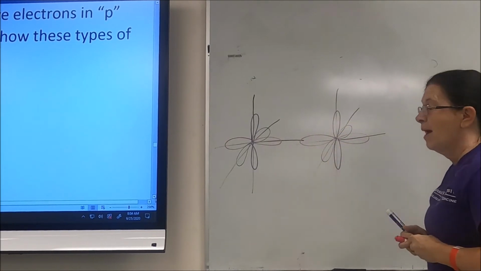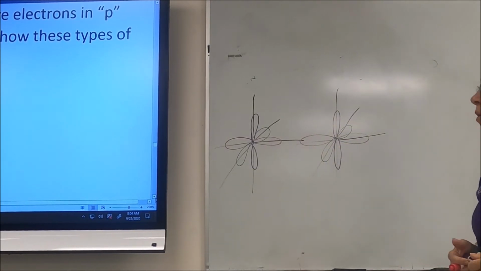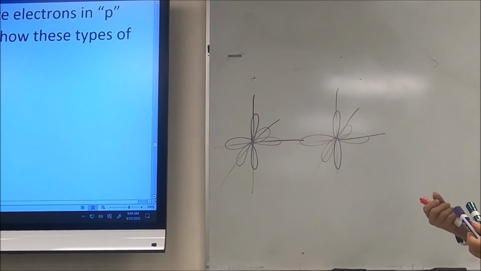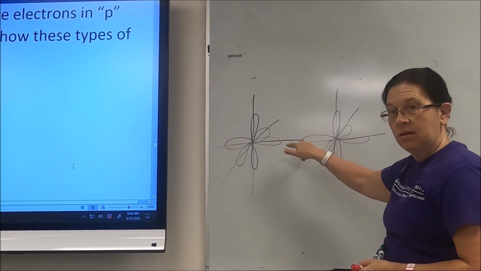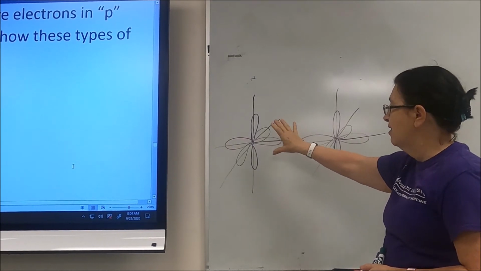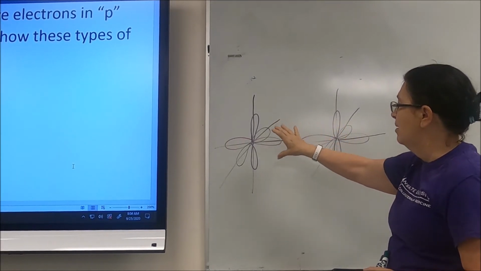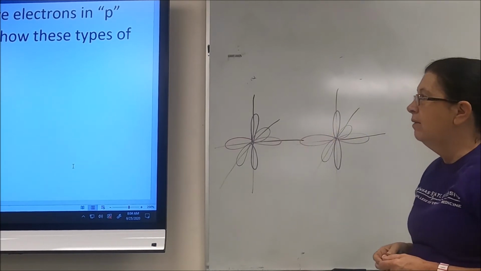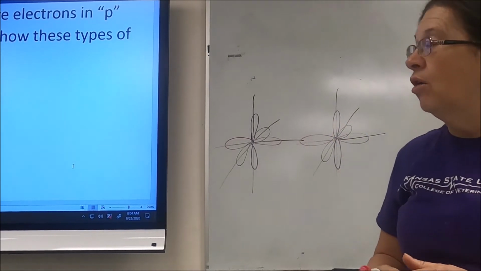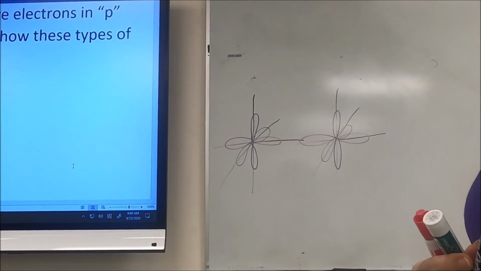They're sitting side by side. So when we're looking at adding p orbitals together, the px, the p's along the x-axis, are going to add together differently than the p's along the y and the z-axis. So keep that in mind as we start looking at combining p orbitals.